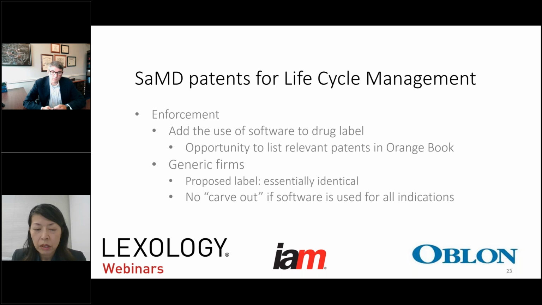The existing drug label just describes administering the drug, but you want to say that you're using the software as a treatment supplement. Then, as a big pharma company, you are required to list the relevant patents related to the drug. In this case, you would also need to list the patents in the Orange Book.